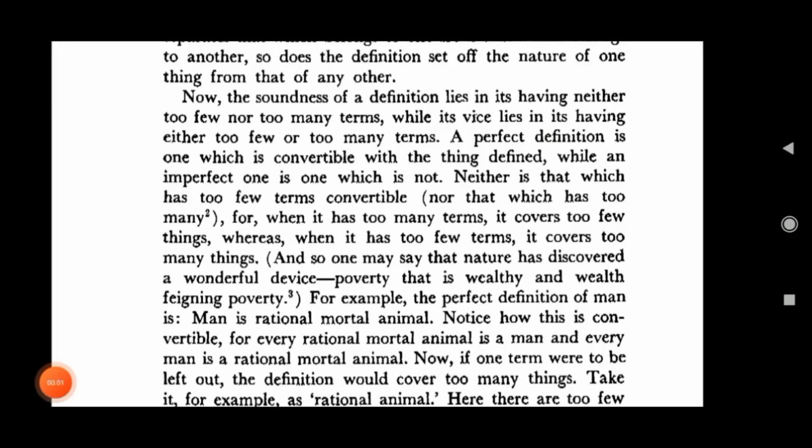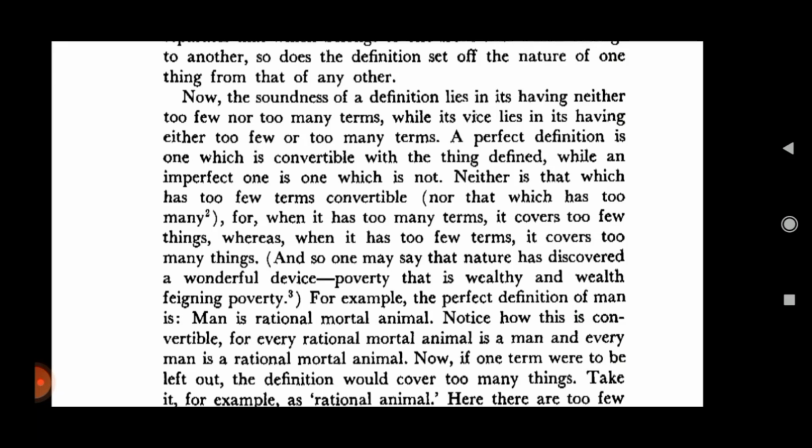Now the soundness of a definition lies in its having neither too few nor too many terms, while its vice lies in its having either too few or too many terms. A perfect definition is one which is convertible with the thing defined, while an imperfect one is one which is not. Neither is that which has too few terms convertible, nor that which has too many.